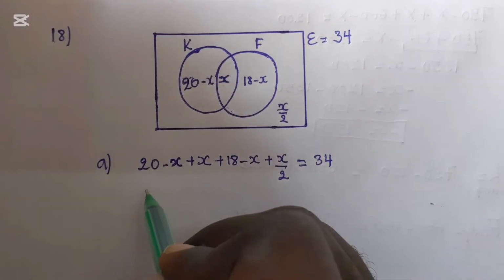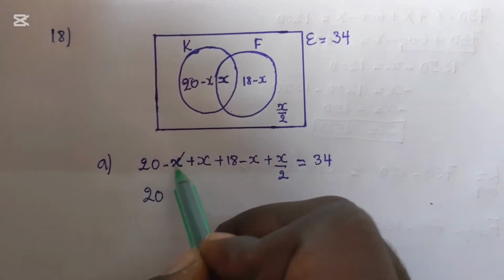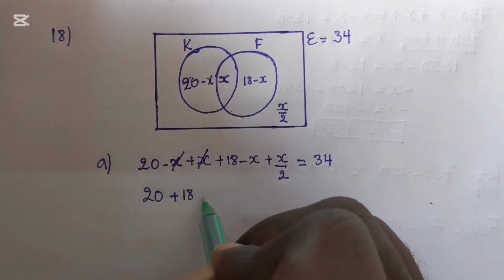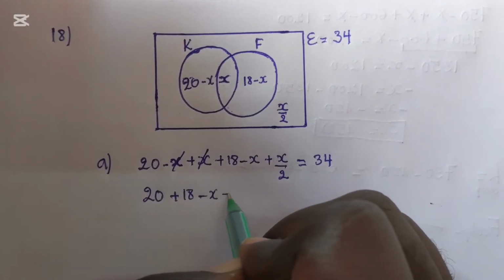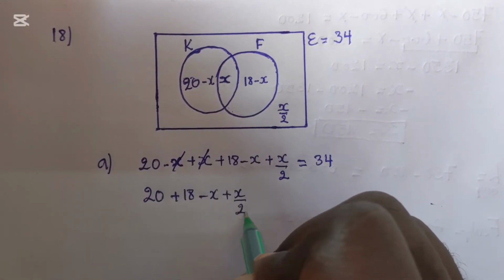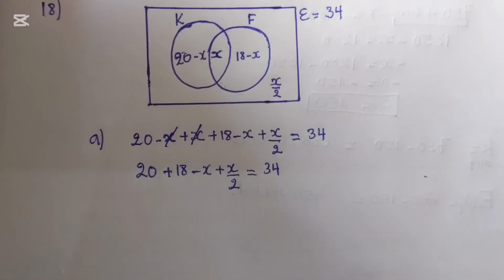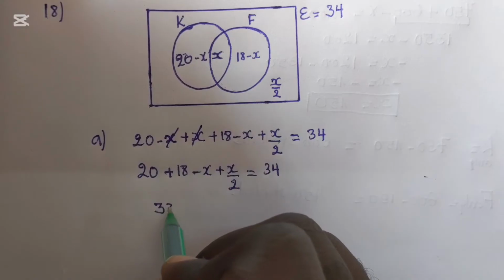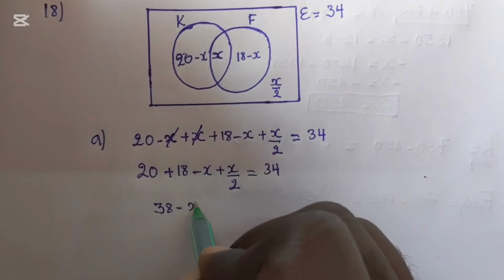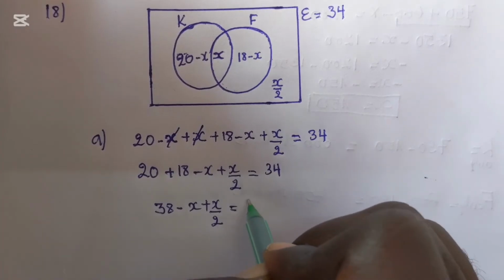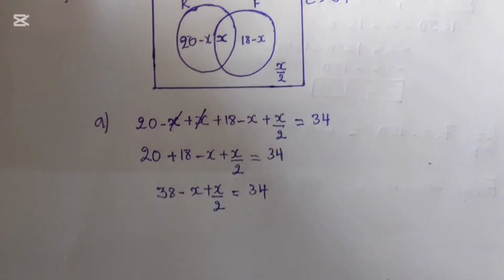Then 20 and 18 add to get 38 minus x plus x over 2 equal to 34.